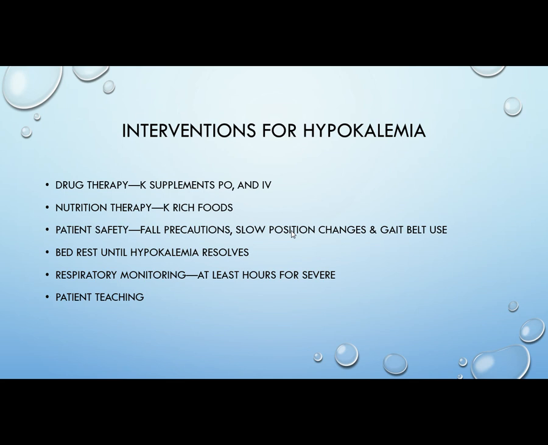Their blood pressure is going to show no evidence of orthostatic drops when they get up. And your ECG should return to normal. They should have a normal ST and T wave, and the U wave should disappear. Your laboratory work is going to show the potassium is returning to a normal level between 3.5 and 5.0.